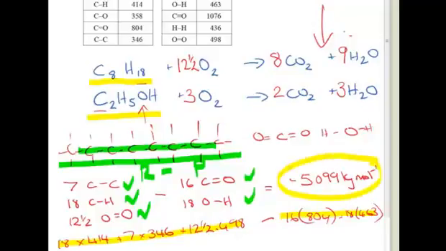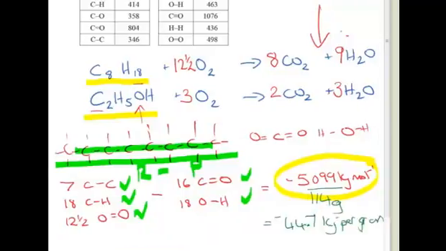At this stage, all we have to do is divide that by 114, and that will give us how much energy per gram, and that's going to be 44.7 kilojoules per gram. So that's a minus, obviously, because it's giving off that energy.